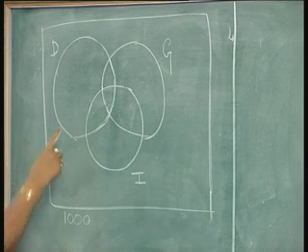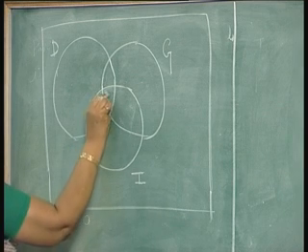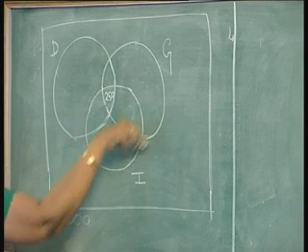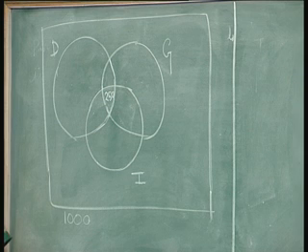So let us fill in these portions. How many of them are Democrats who wear glasses and who like ice cream? 250. So the intersection of all three is 250. They are Democrats who like ice cream and who wear glasses.